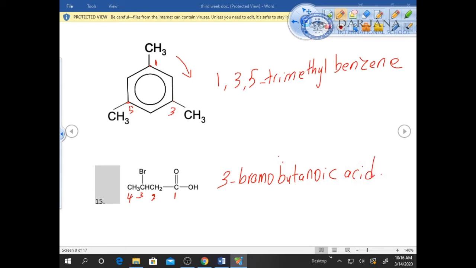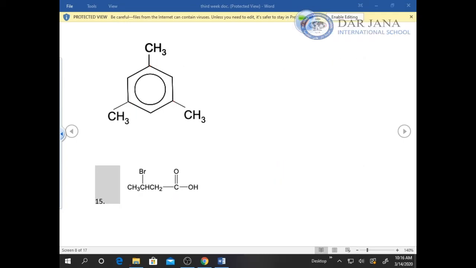Remember that we drop the E from butane because this chain contains 4 carbon atoms, so instead of butane we say butanoic. We drop the E and we put the suffix OIC acid. Moving to number 16.